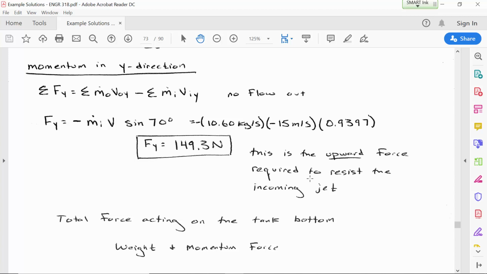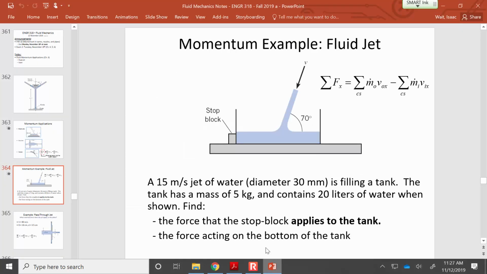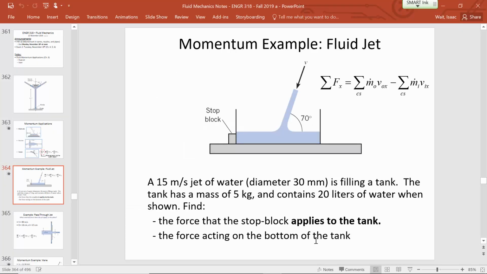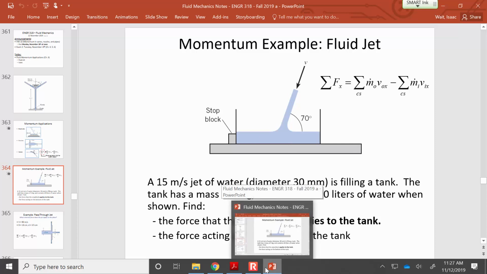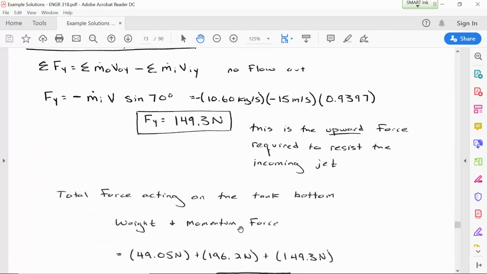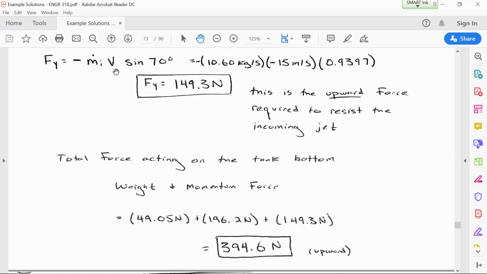And then the total force, the way that the question asked it, is the force acting on the bottom of the tank. And so the ground is pushing up against the tank, equal and opposite to the momentum effect, and then the weight of the tank and the weight of the water. So there's three things together that are going to go into our final answer. The momentum plus, okay, so here's the momentum, 149.